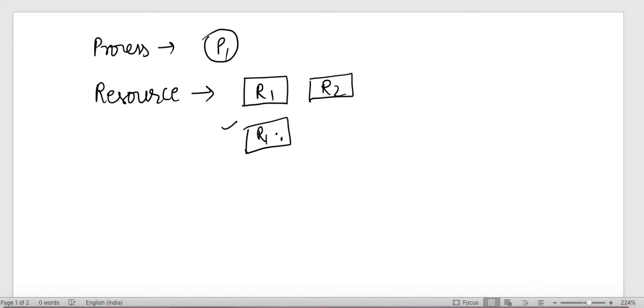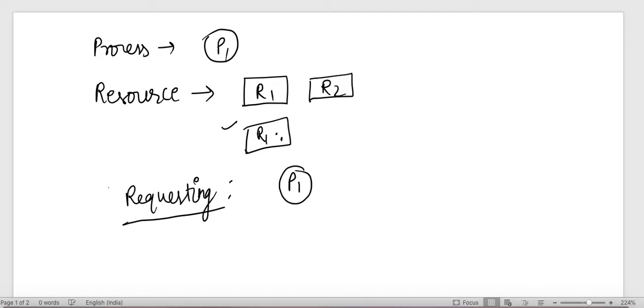Requesting. When we say a process is requesting a resource, that is requesting. There is one process and it wants access to resource R1. This means process P1 wants one instance of R1.